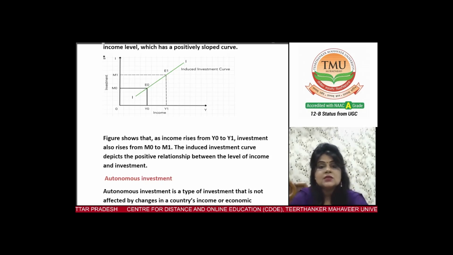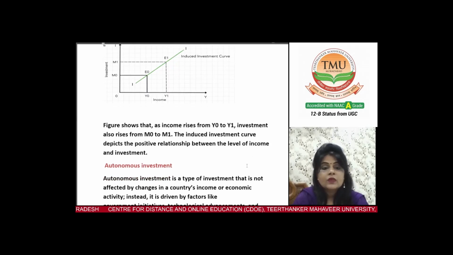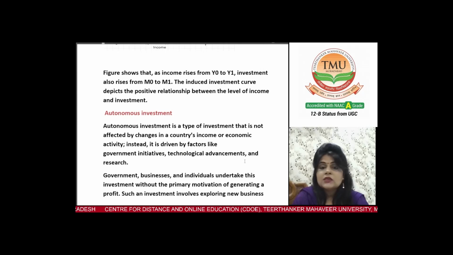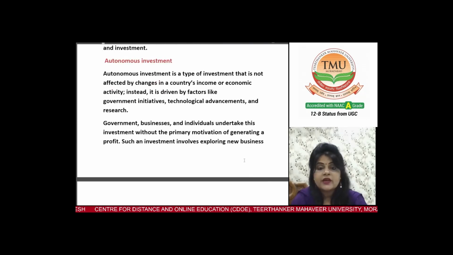Now we discuss autonomous investment. Autonomous investment is a type of investment that is not affected by changes in a country's income or economic activities. Instead, it is driven by factors like government initiatives, technological advancement, and research.